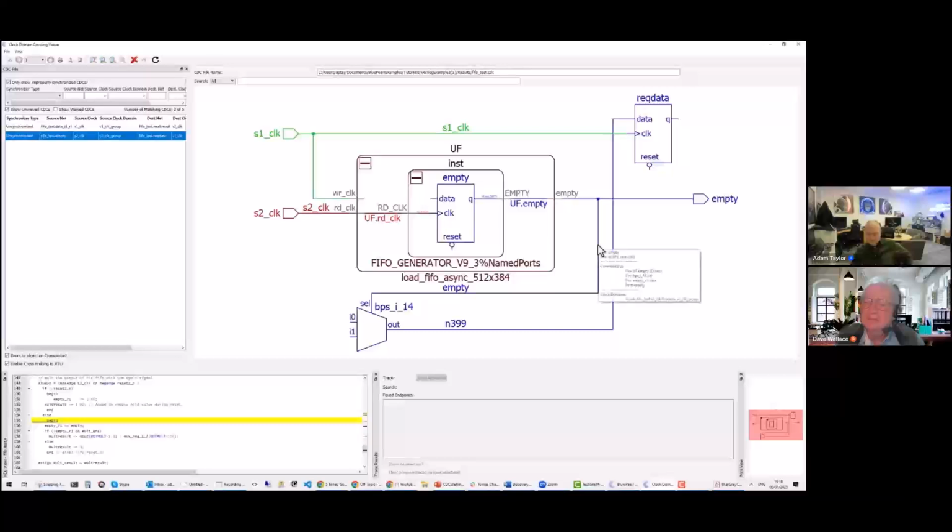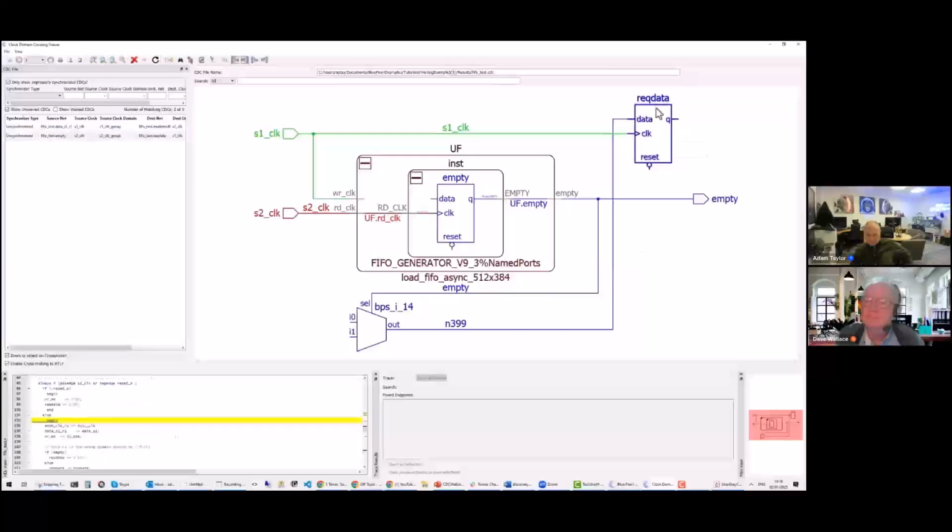So obviously the FIFOs have full signals, empty signals to help you control the flow of data into and out of that FIFO. And what's happening here is the request data, this flip-flop here, is clocked by clock 1, which is the write clock in the FIFO. And it's using the signal coming from the empty signal. Okay, there's a little bit of logic down here, but it's using the empty signal to request more data.